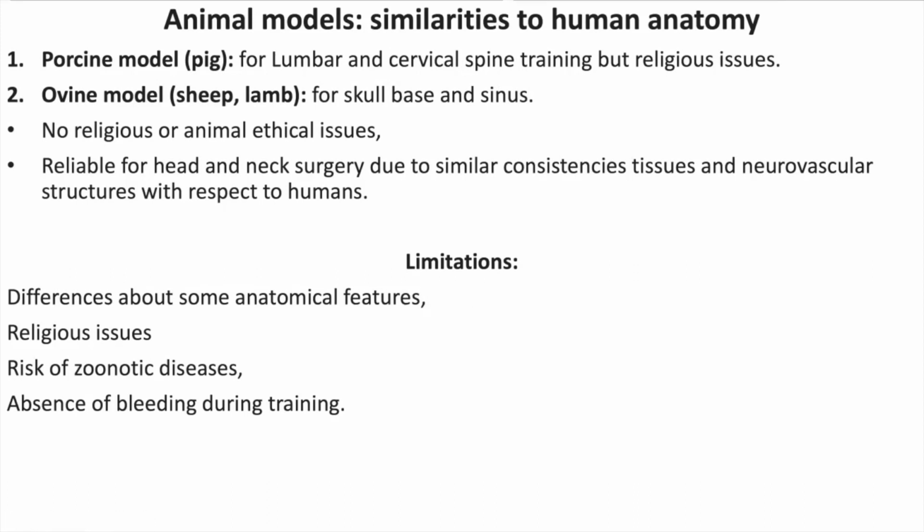The other model could be ovine model in which sheep or lamb can be used, and these are good for skull base and sinus surgery. There is no religious issue or ethical issues with the ovine models. These are reliable for head and neck surgery because of the similar consistency of the tissue and neurovascular structures.